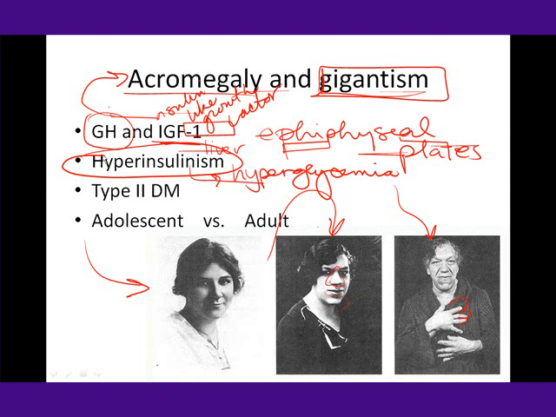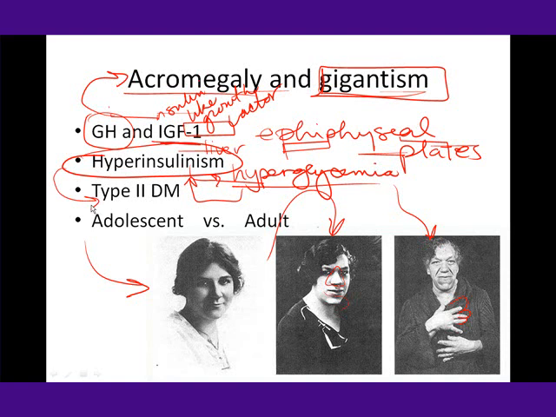If you have long-standing growth hormone release, that means you're going to have long-standing hyperglycemia, which means you're going to have long-standing hyperinsulinism, and over a period of time you can literally exhaust the pancreas's ability to make insulin. And you can also develop a condition wherein the target cells of insulin get so overwhelmed by so much insulin coming at them that they start ignoring it. They stop listening to the insulin signal, and that leads to the development of type 2 diabetes mellitus.